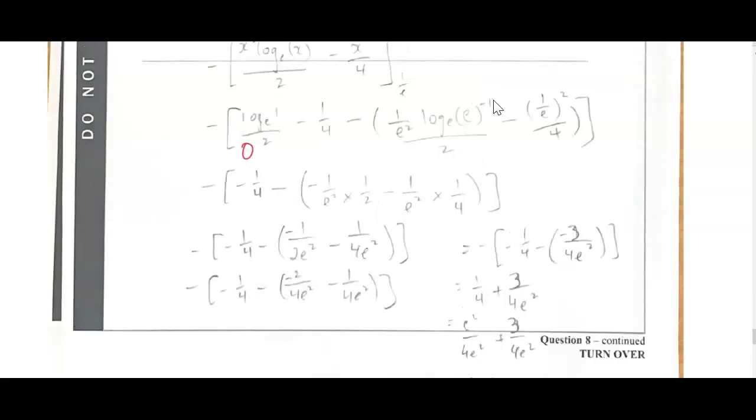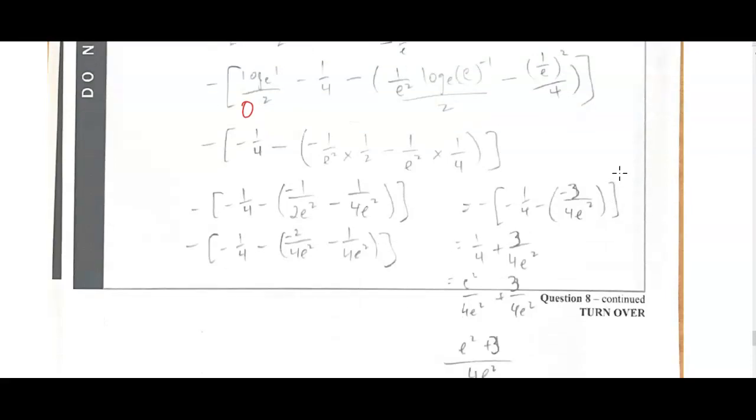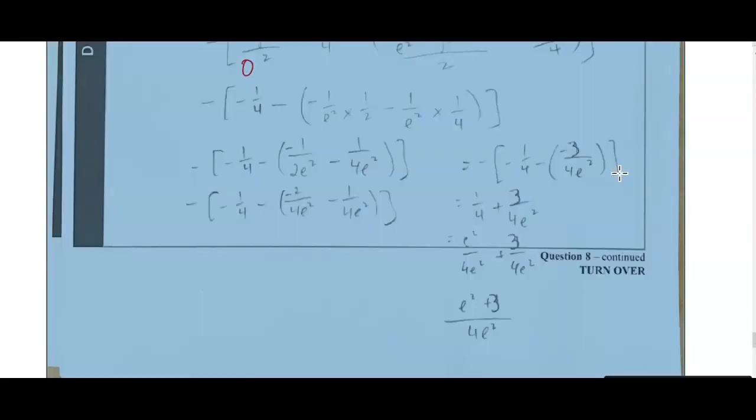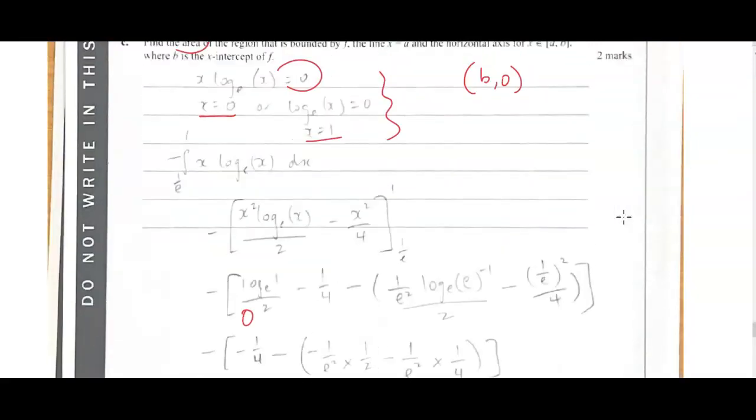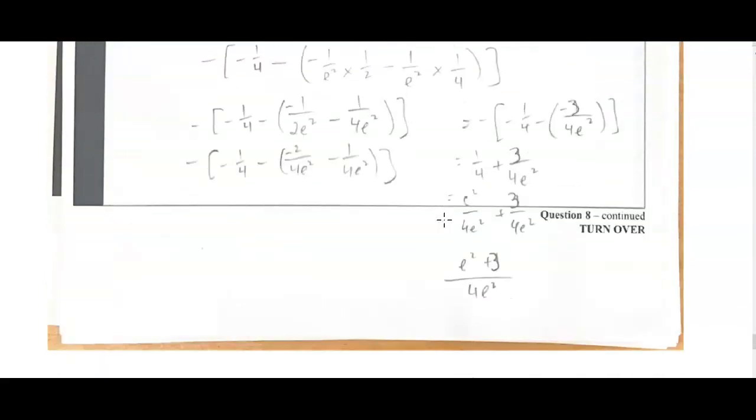Yeah, I did. All the workings are there; I'm not going to go through it, but just knowing your log laws. And it's worth 2 marks. So probably getting 1 mark for writing the correct antiderivative, making sure you got the negative out the front, or your lower limit and upper limit are correct.